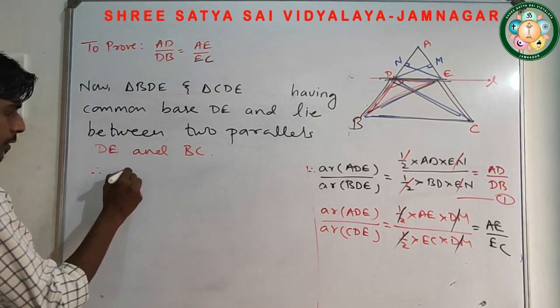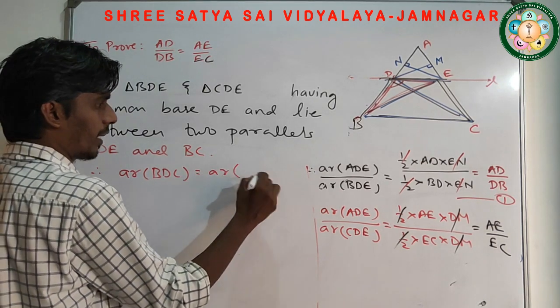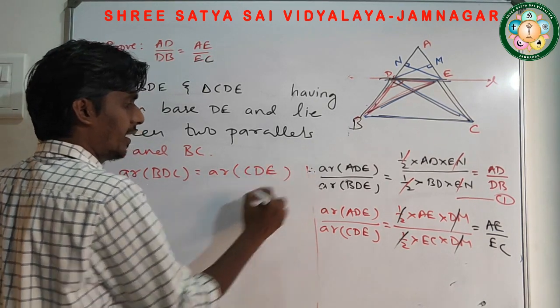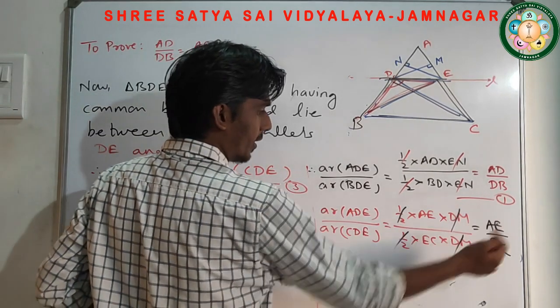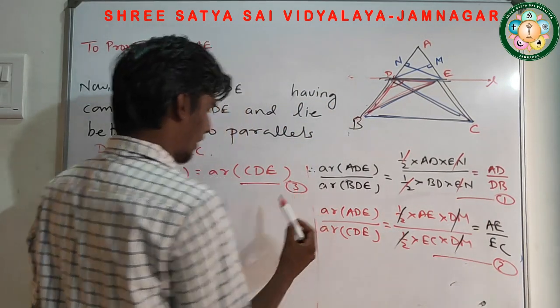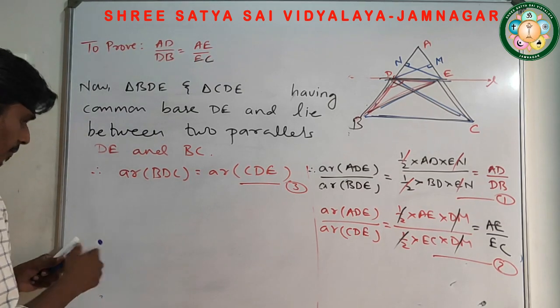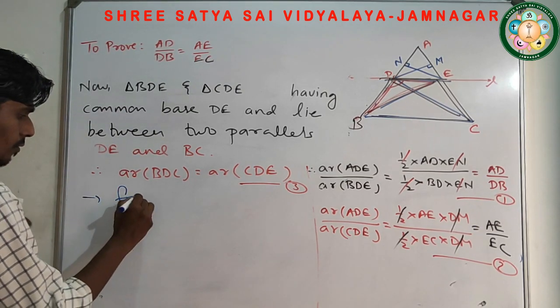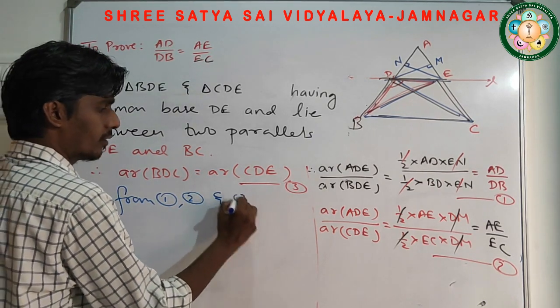Therefore we can say that area of triangle BDE is equal to area of triangle CDE, and say this equation is 3. So from this, 1, say this is 2. From 1, 2 and 3.